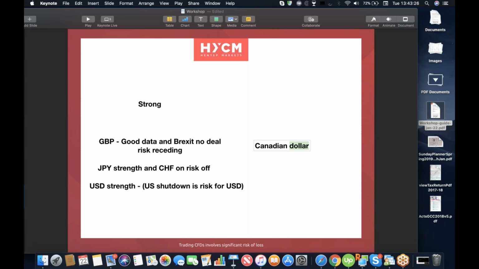Yeah, Trib, well done. Australian dollar. New Zealand dollar.